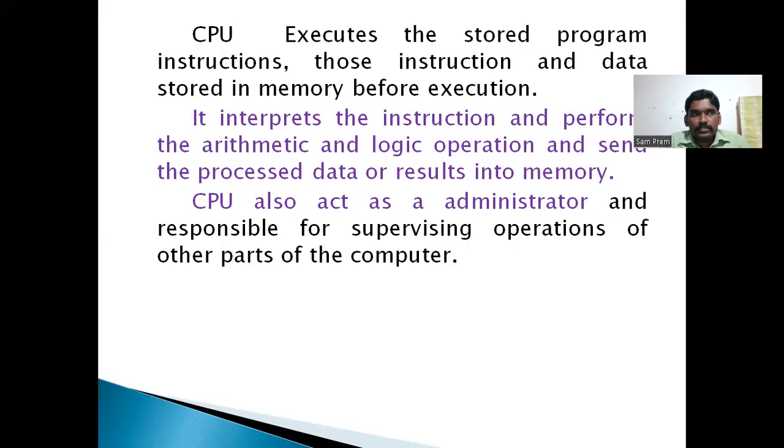If the computer wants a set of instructions or inputs, these are stored in data memory for execution. The CPU also acts as an administrator, responsible for supervising the operations of the other parts of the computer.